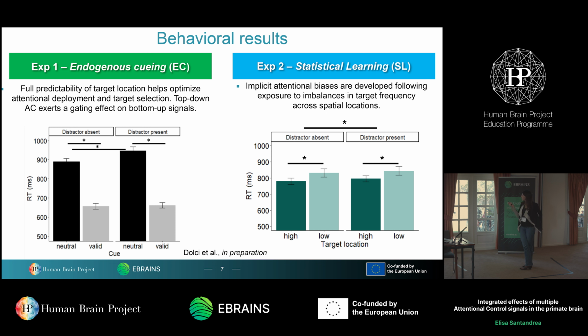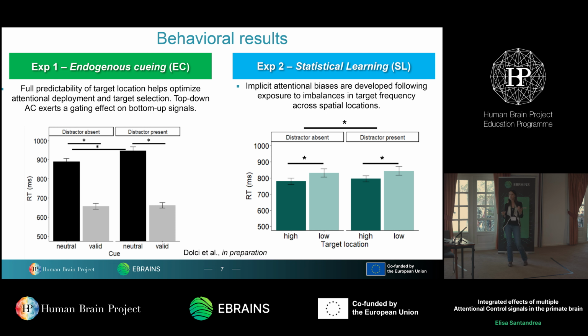And in this case, we manipulated instead statistical learning, and we had the typical effect. So reaction times were faster in the case of high target frequency location with respect to low target frequency location. In this case, however, the interaction was very different with the bottom-up signals.